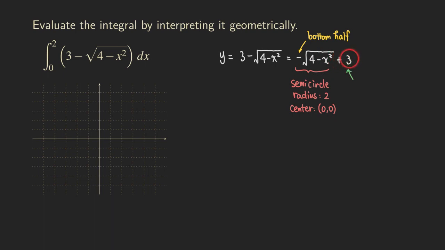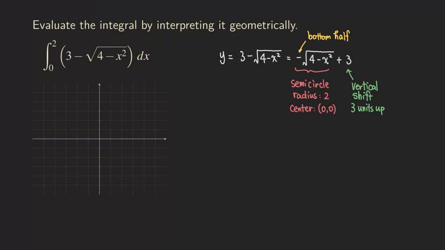Because you are just adding 3 to the whole function, we are going to vertically move the semicircle up 3 units, right? So it's a vertical translation, or you can just say that's a vertical shift, 3 units up.